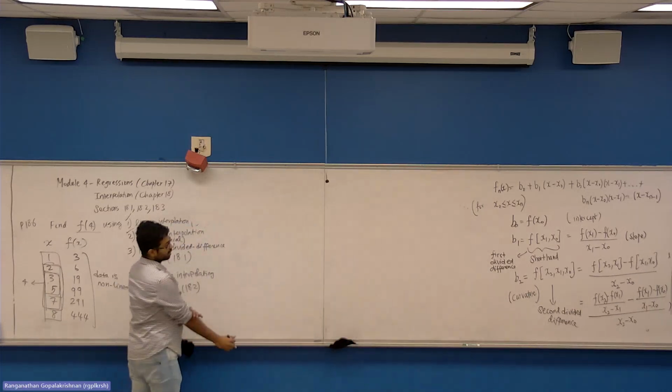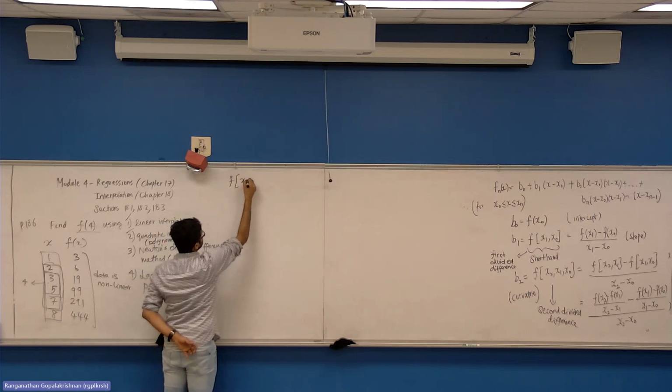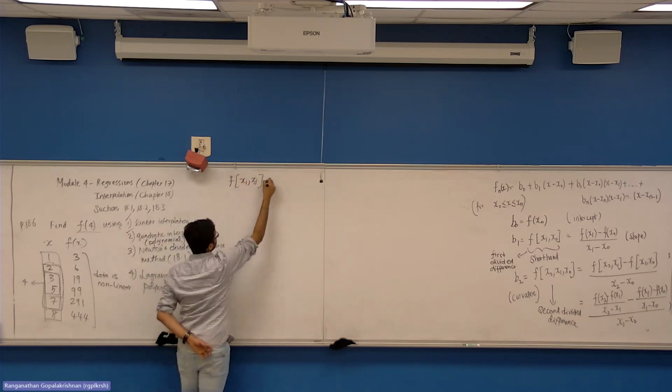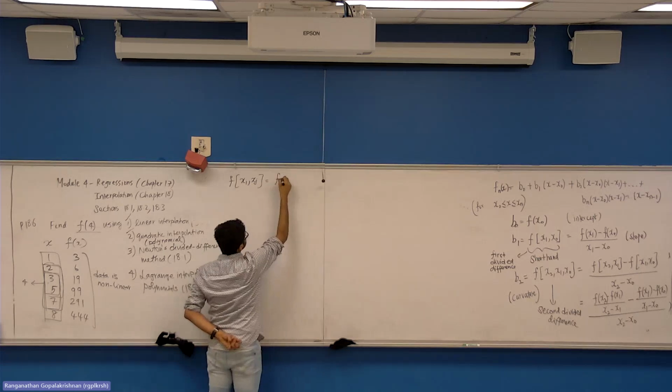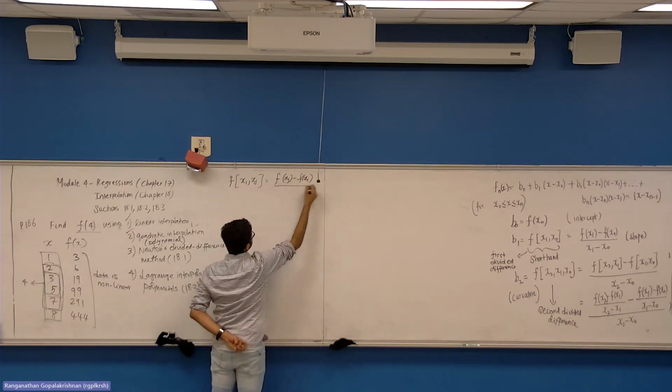All right. So here's the shorthand. When we write f of xi comma xj, what we are really meaning is f of xj minus f of xi divided by xj minus xi.